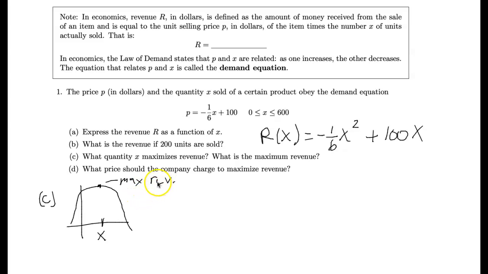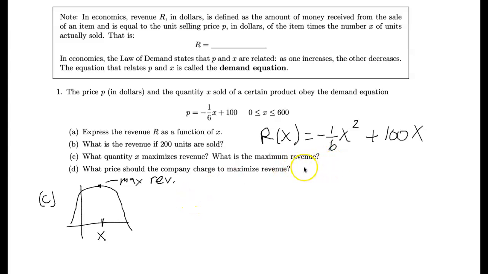This is using, I think it's 2.3, or maybe 2.4, where we find the maximum revenue. At this point you have to realize, where does the max occur on a parabola? The max occurs at the vertex.